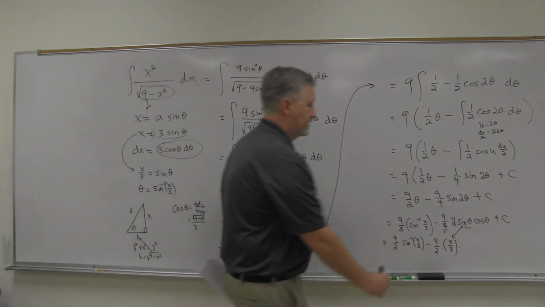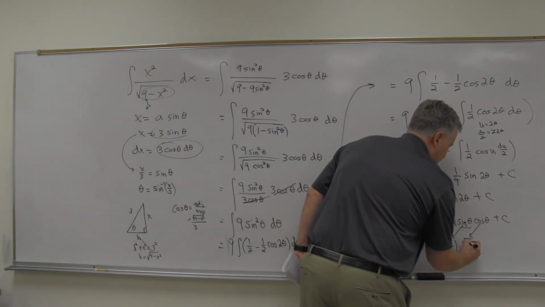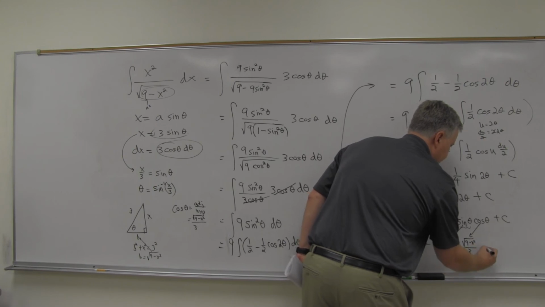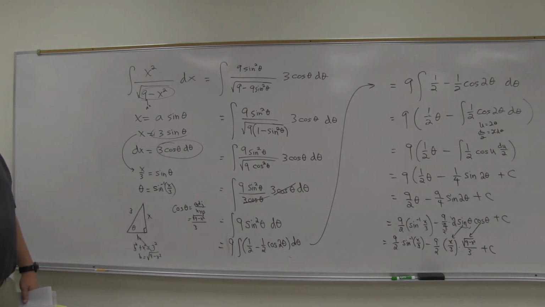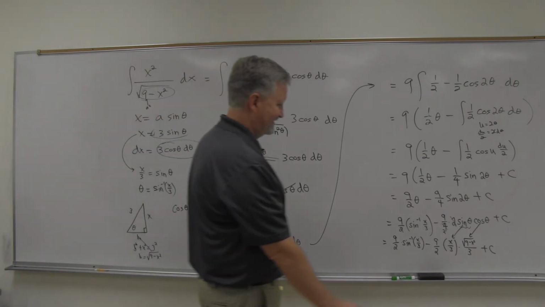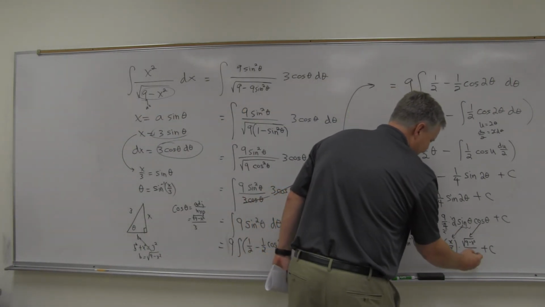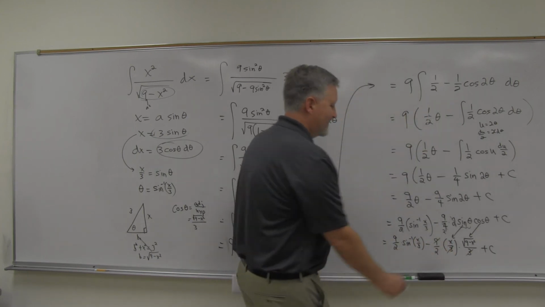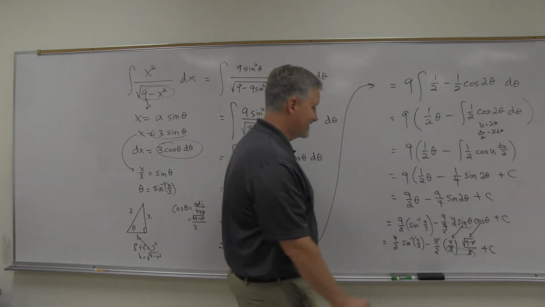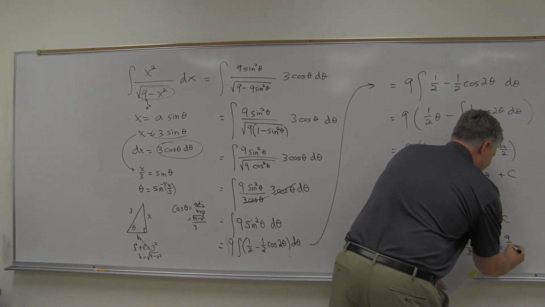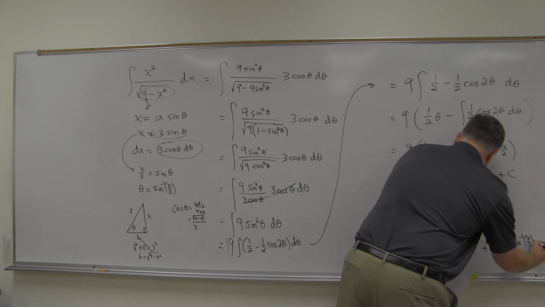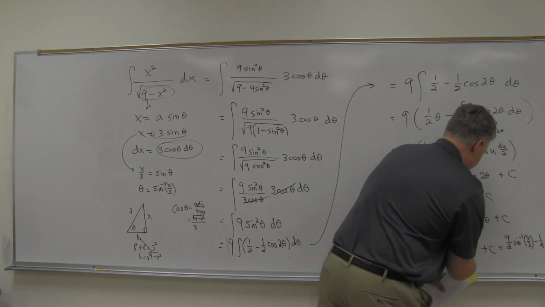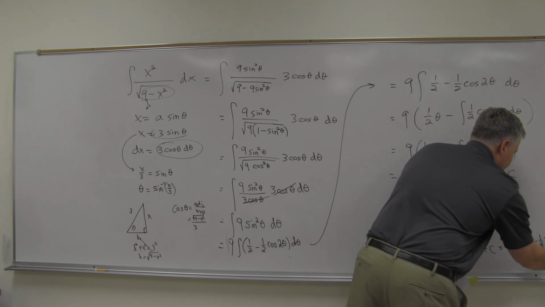So that's what I put in for cosine over here. Which actually works out nicely, doesn't it? Some of it. That's 9 right there, so that's going to cancel the 9 out. So we just have, final answer, 9 halves sine inverse of x over 3 minus 1/2 x times the square root of 9 minus x squared.